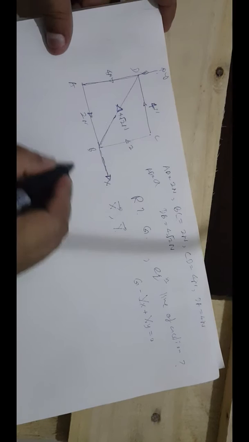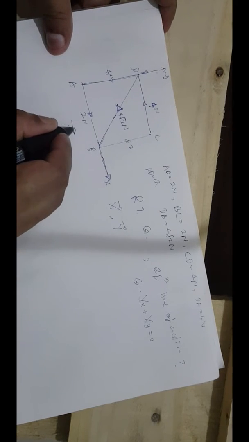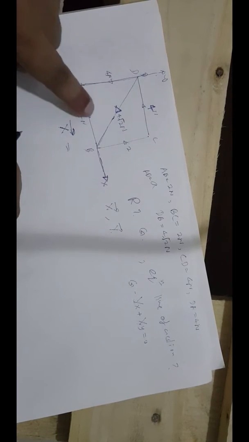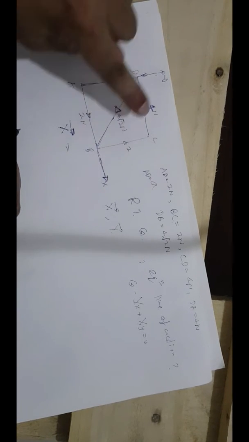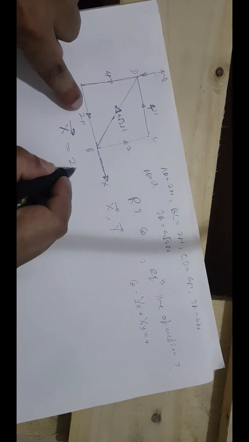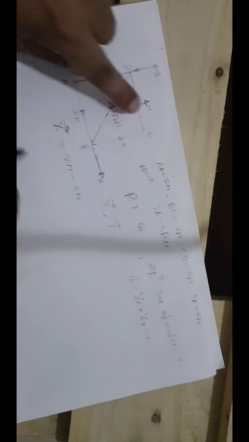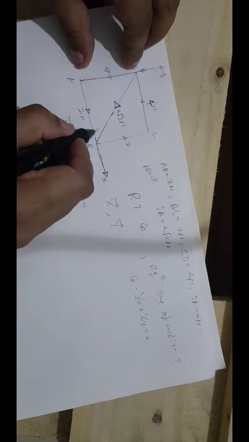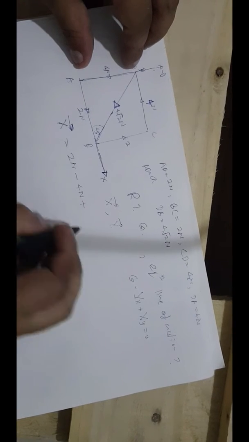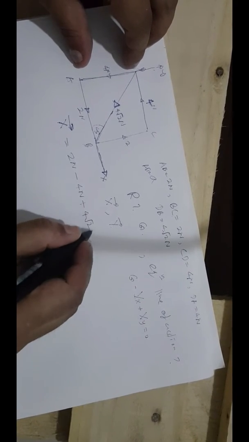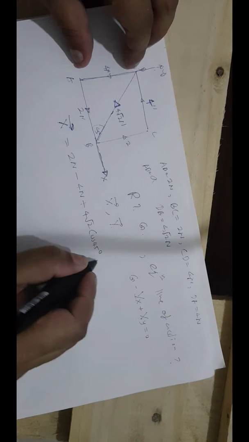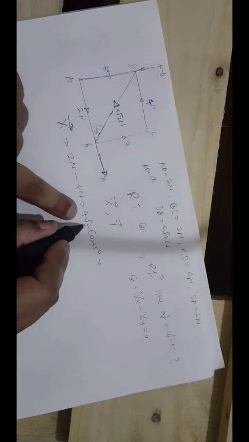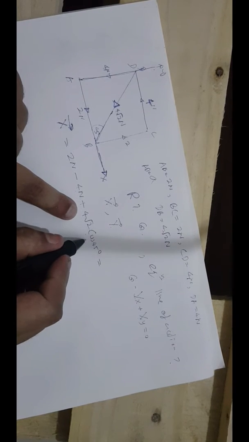So how do you find the forces in the X direction? I'm taking this as positive. You can exclude the 4 newtons and 2 newtons, but you have 2 newtons minus 4 newtons plus, since this is a square, the angle here is 45 degrees, so 4 root 2 cos 45. This gives you minus 2 plus 4 root 2 into 1 over root 2, that gives you 4.